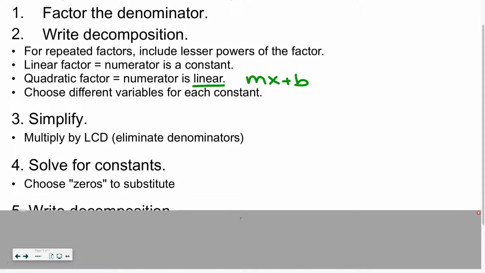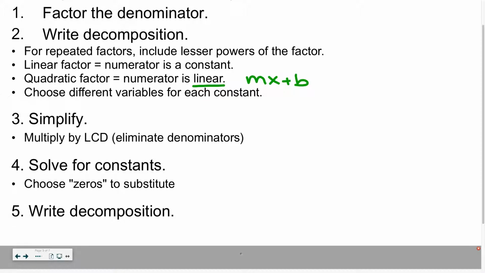And then the last step is write your decomposition. After you solve for all the constants, you know what A and B are, then just replace them in the decomposition that you wrote at the very beginning. So it'll look like a numerator over a denominator, but it won't have those A's, B's, and C's anymore. You'll be replacing them with actual numbers.